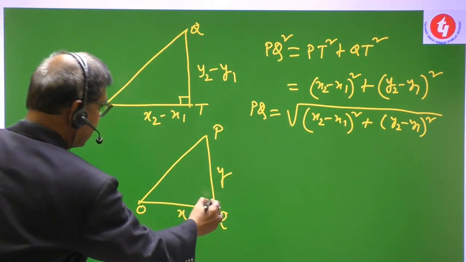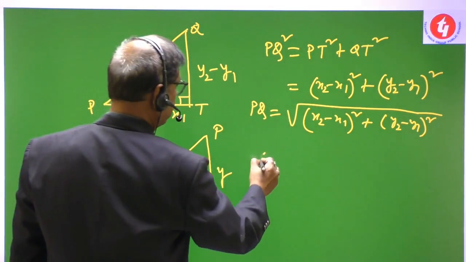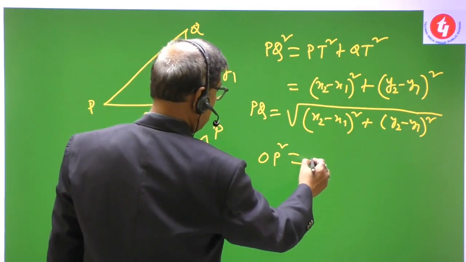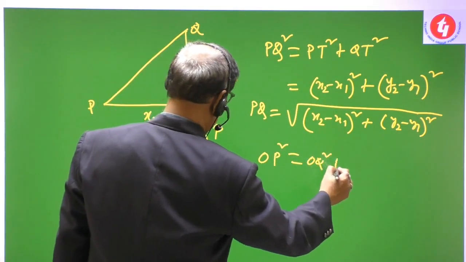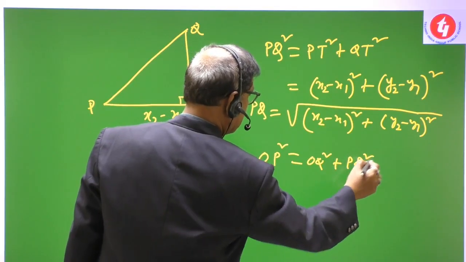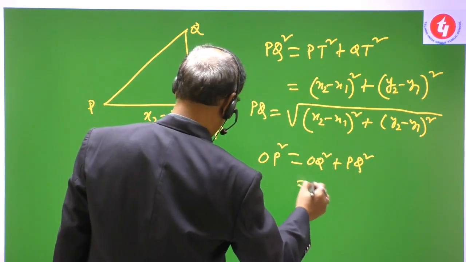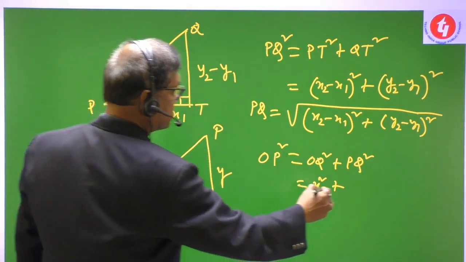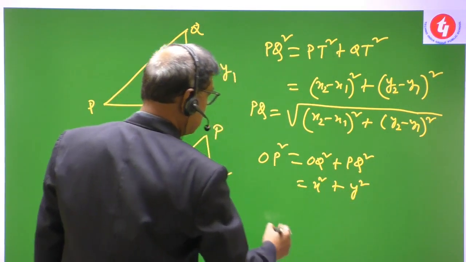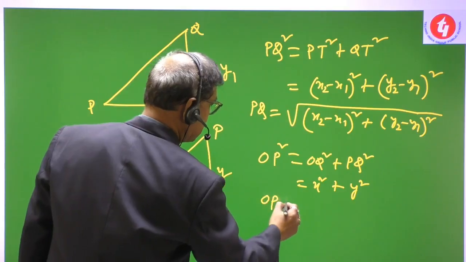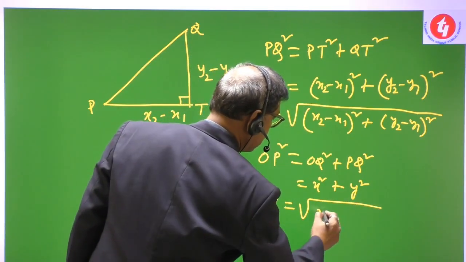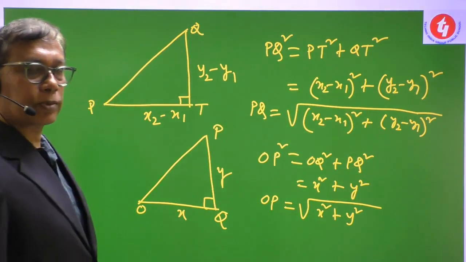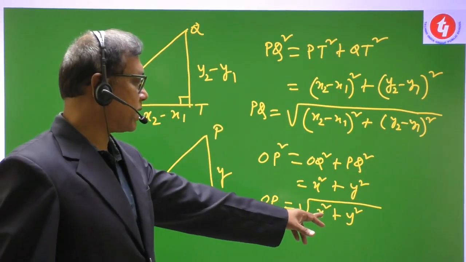So again, applying Pythagoras theorem, OP square equal to OQ square plus PQ square. So OQ square means X squared and PQ square means Y square. So OP is root over of X square plus Y square.